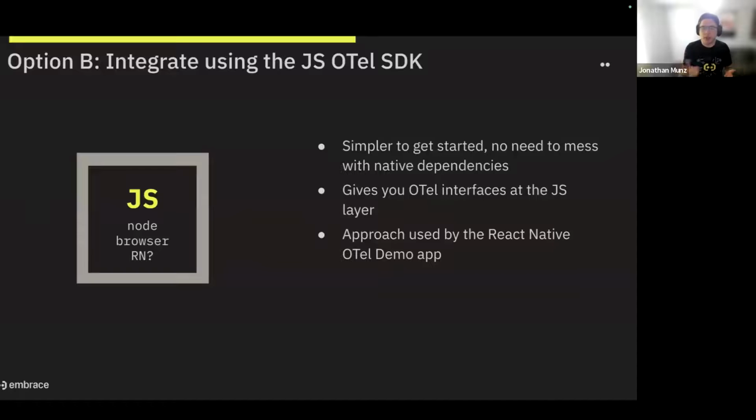This approach works because React Native provides implementations of enough web APIs that you can trick the code into thinking it's a browser environment and everything just works, which is great because this is a simpler way to get started, and you immediately have out-of-the-box OpenTelemetry interfaces in JavaScript. You can add custom instrumentation there and even get some out-of-the-box instrumentations working.